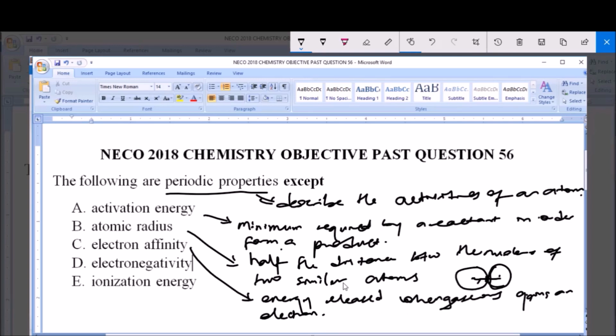Now you can see that it is affecting the activities of the atom, as a gaseous atom is gaining an electron. So it is a periodic property.